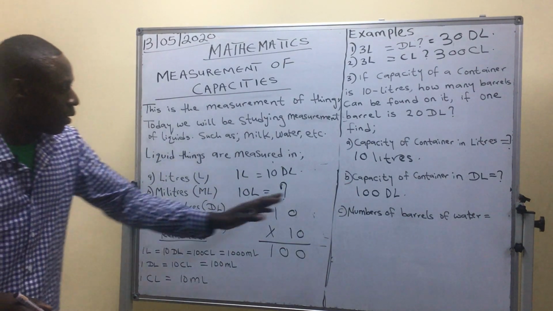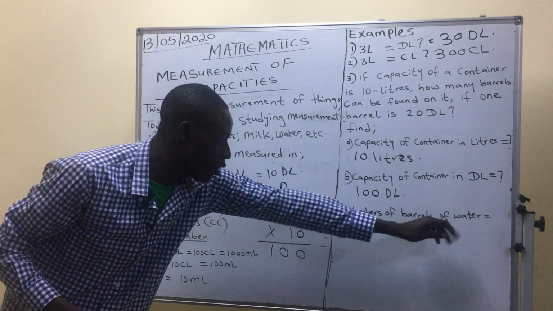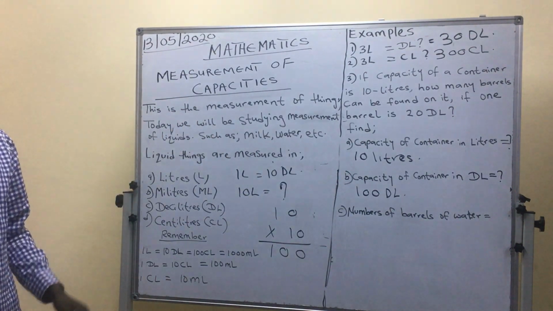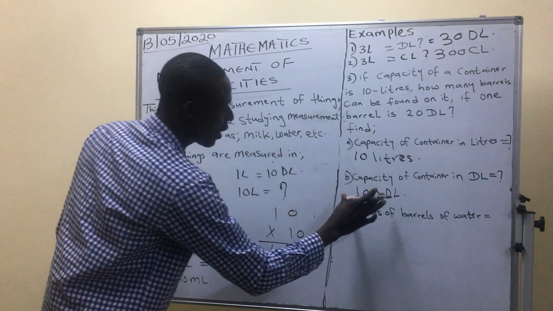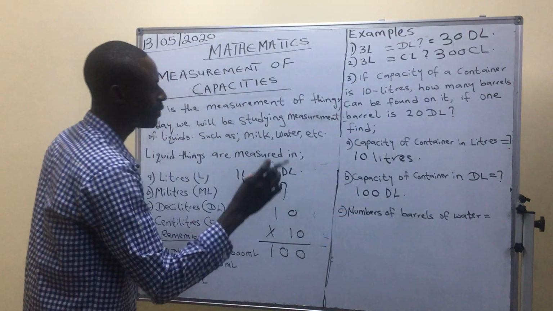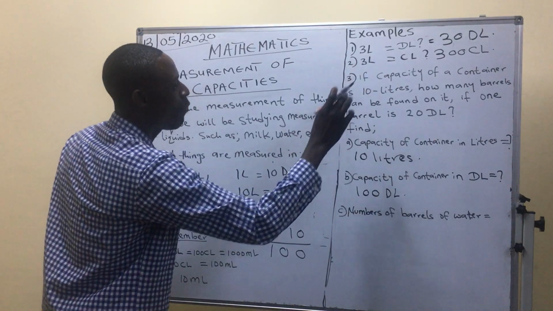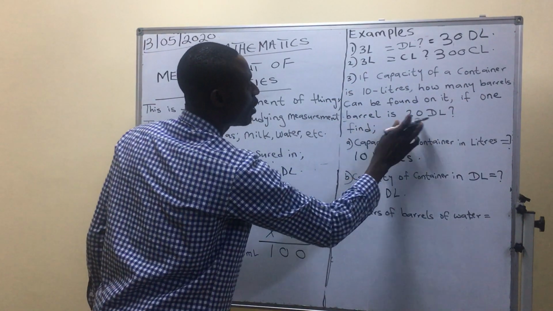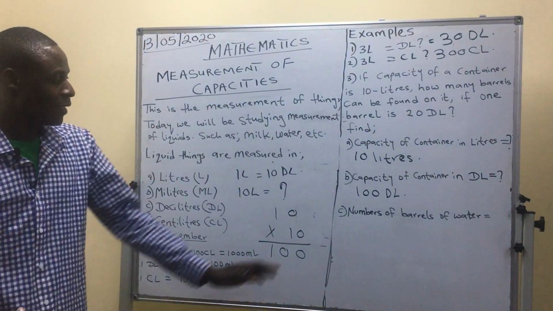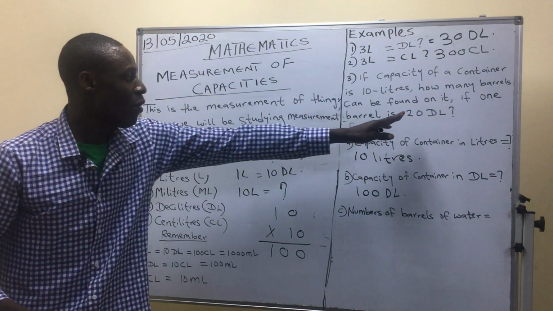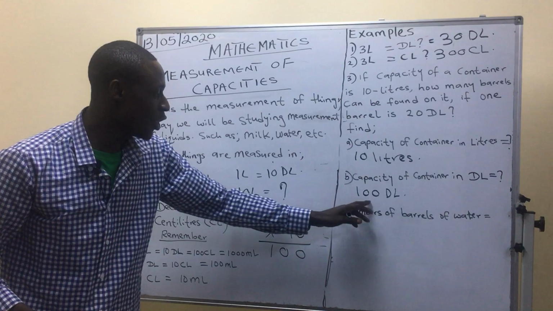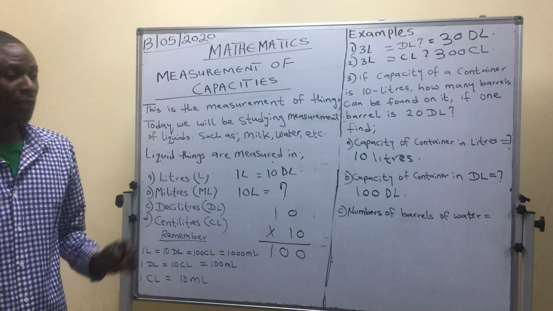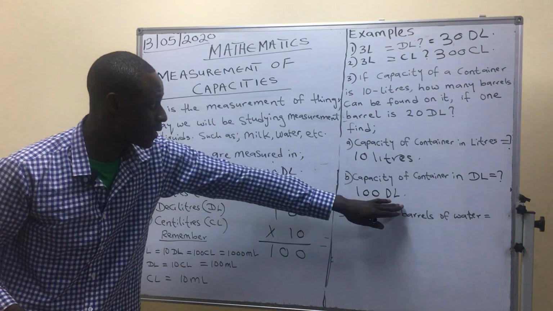Now, the number of barrels of water. You have already got your deciliters, and the question said, how many barrels can be found in it if 1 barrel is 20 deciliters? Now, how many barrels can we find in 100 deciliters?